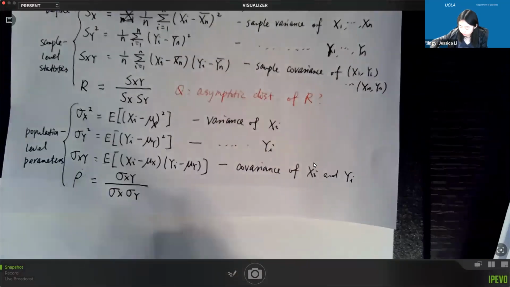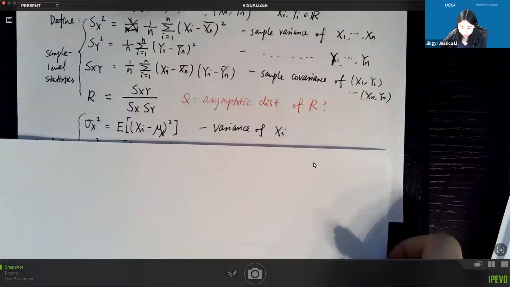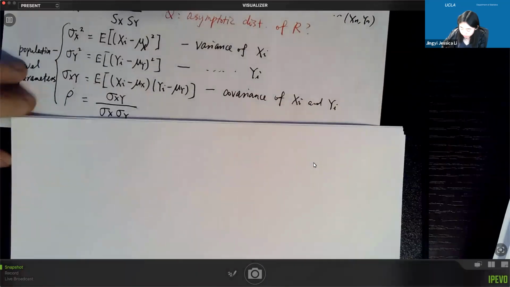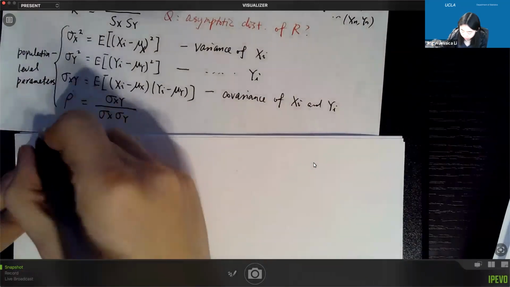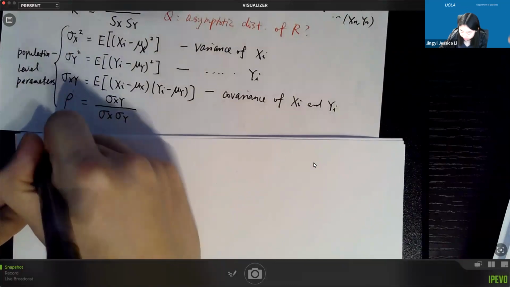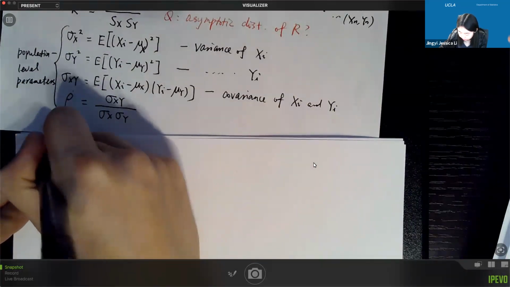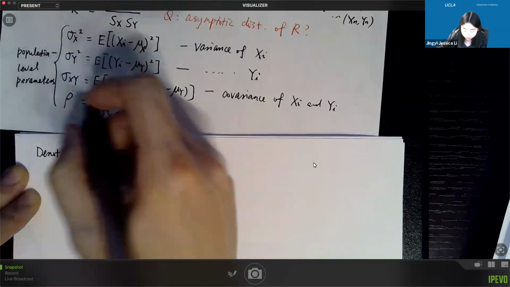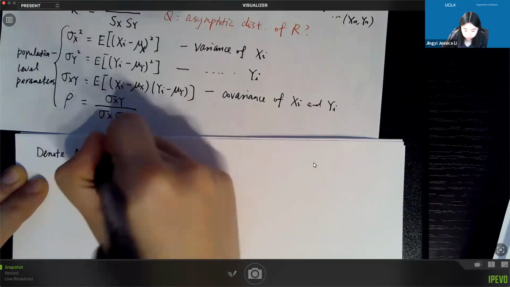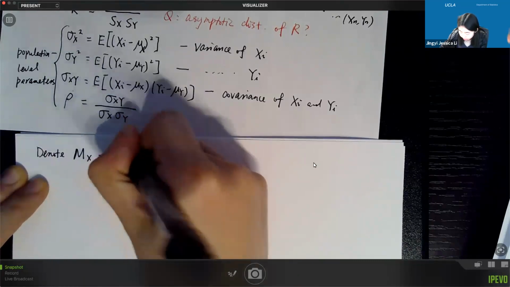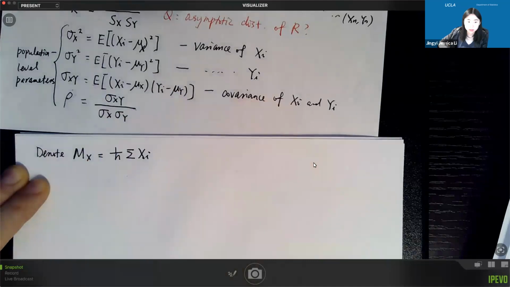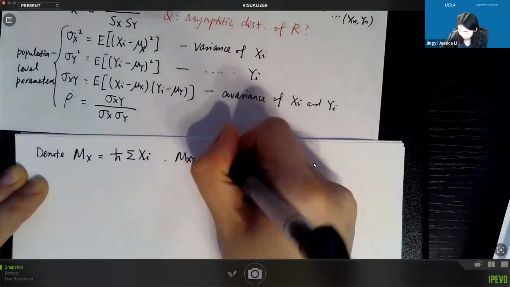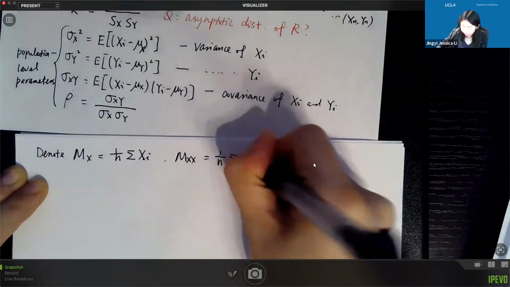Here, if I denote the moments, I call mx equals 1 over n summation xi, and I call mxx 1 over n summation xi squared.